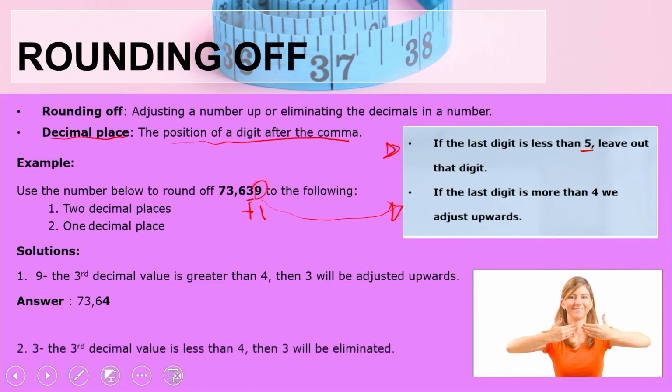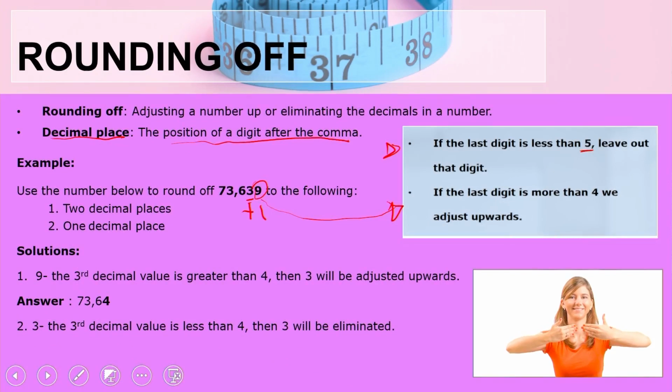Let us have a look at the second example. The second example was to round off the very same number to 1 decimal place. Remember the number that we had, let me write it again so that you can see: 73.639. Now we are rounding off to 1 decimal place.